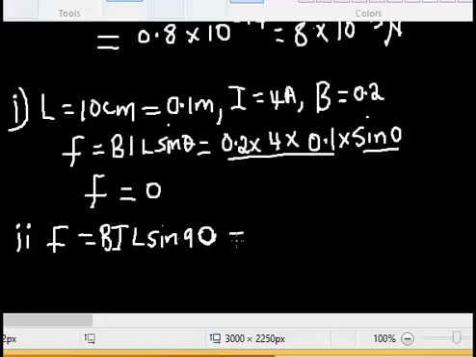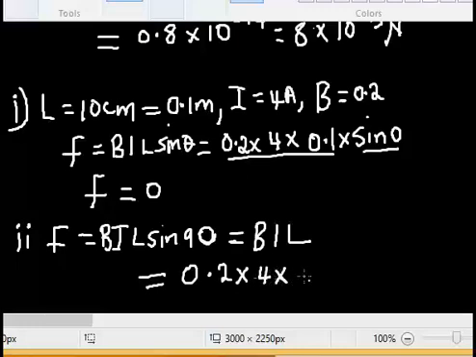Of course sine 90 is equal to 1, which gives me BIL. So put the values there. B is 0.2, the current is 4 ampere, and the length is 0.1. So use a calculator to complete that.